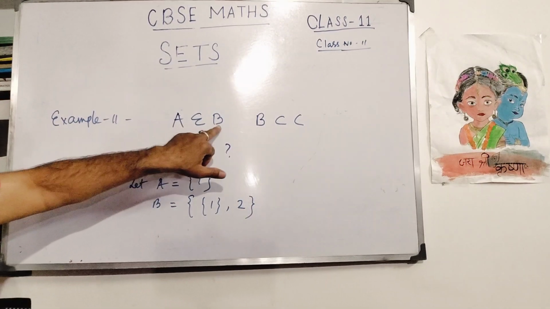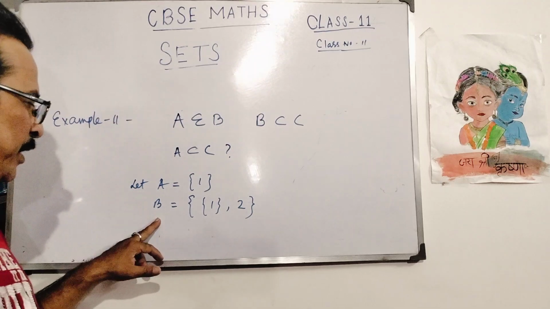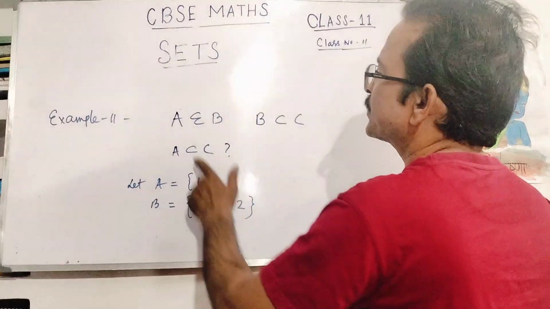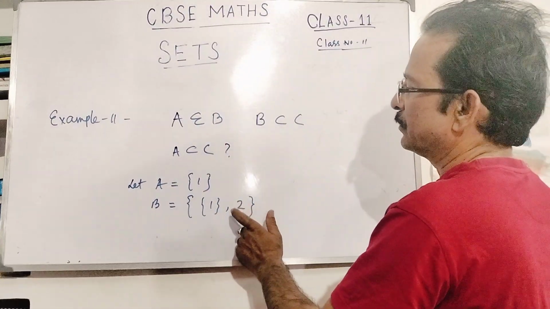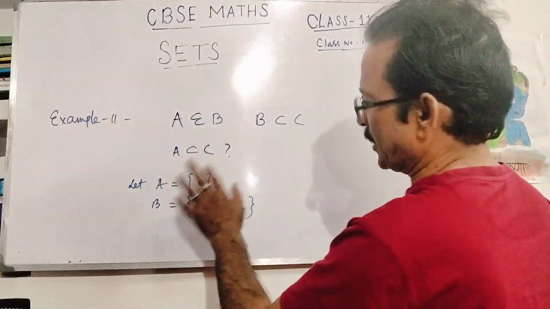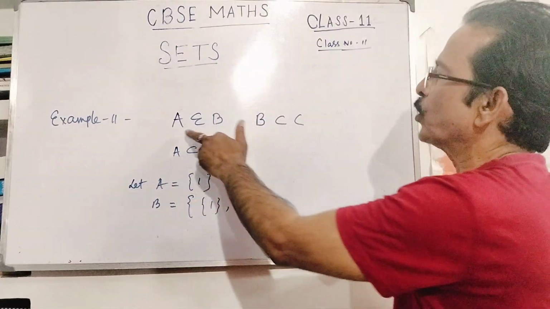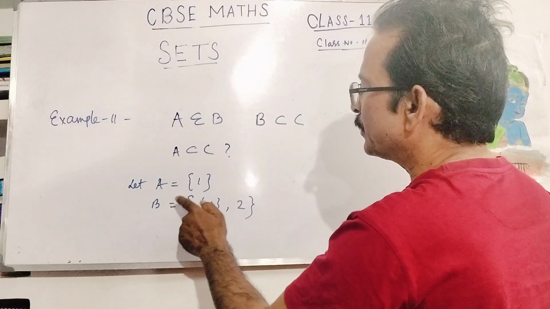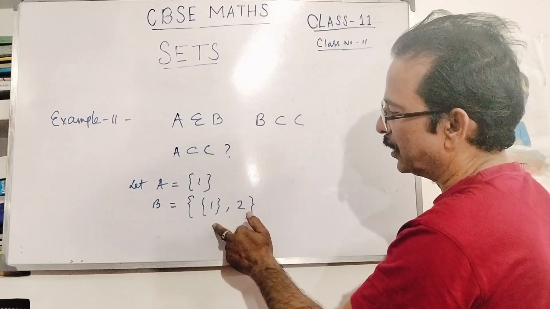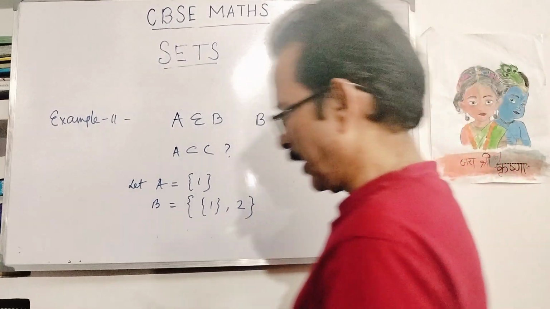As A belongs to B, B is the set whose elements are A, meaning 1, and 2.